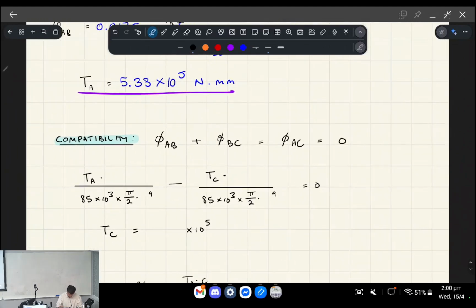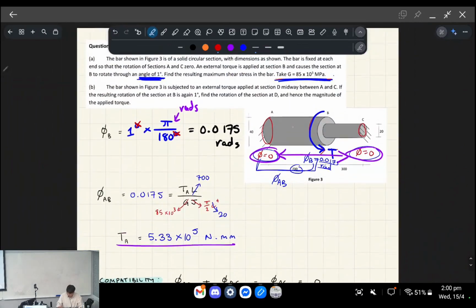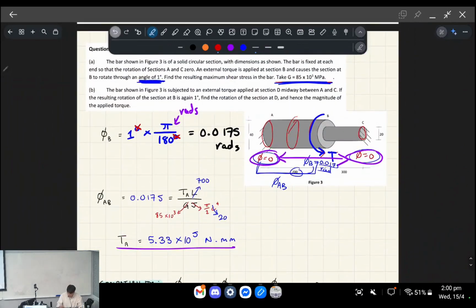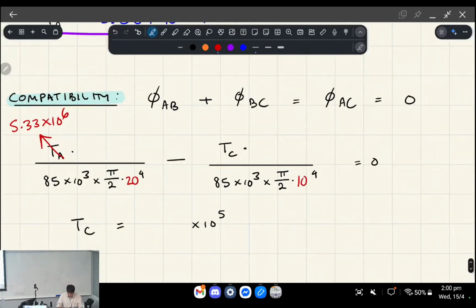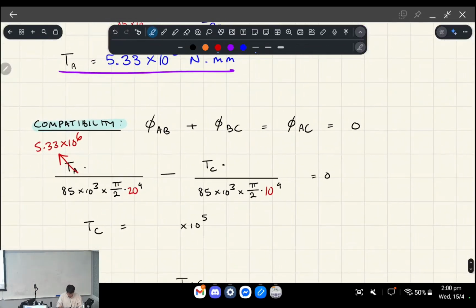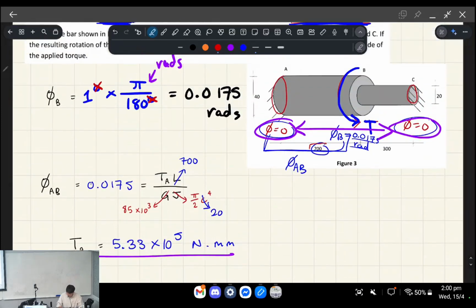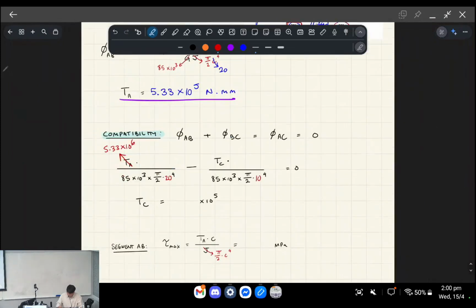So we can set up this equation, and TA, we've worked out, is 5.33 times 10 to the 6. We've worked out all this other stuff. The radius for the big cross-section was 20, and then there's a radius of 10 for the small part. And we know that this is 700 mm and this is 300 mm, okay?